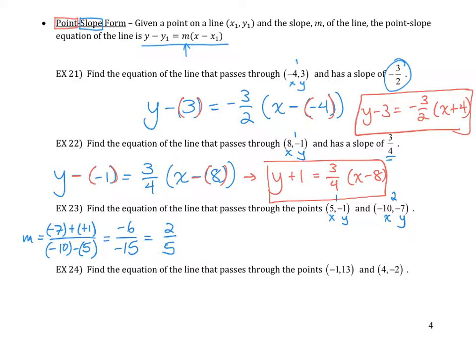Now, the cool thing about point slope, now that you have the slope, is you can pick either point, point 1 or point 2. You might be inclined to pick point 1 because that is what is given in the formula here. But either one works. So the equation would be, if I use point 1, y plus 1 equals 2/5 x minus 5.